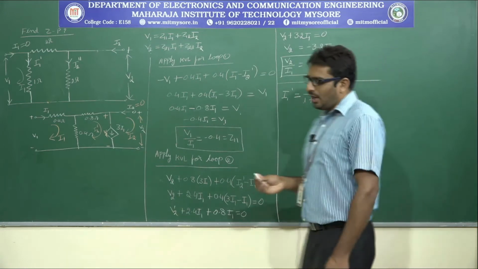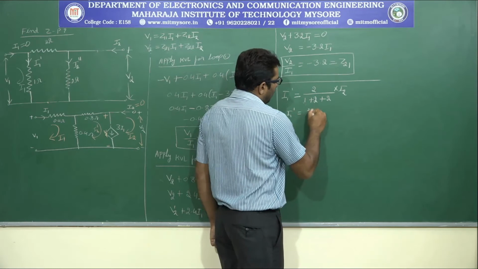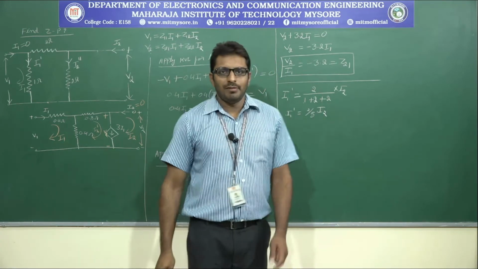Therefore, I1 dash is equal to 2 divided by 5 I2.